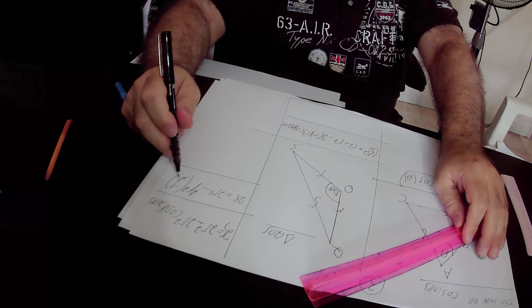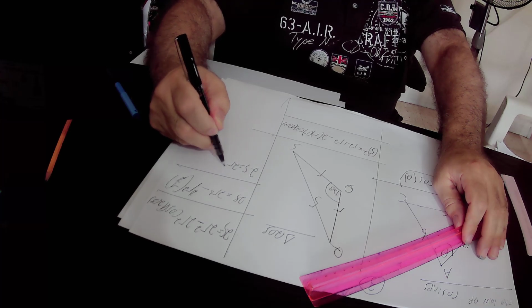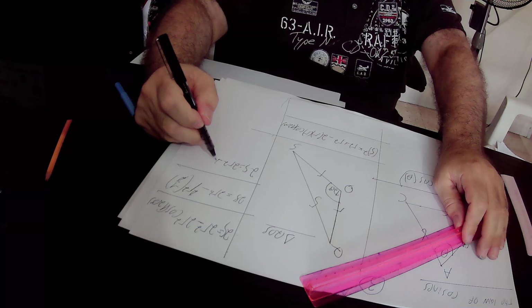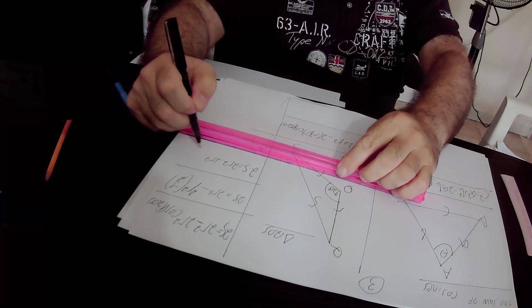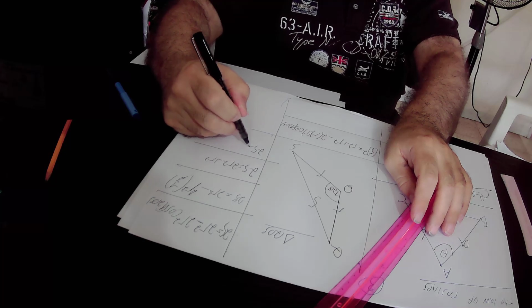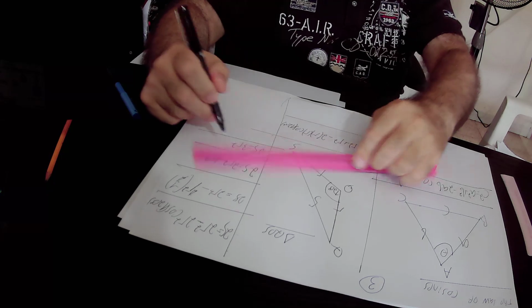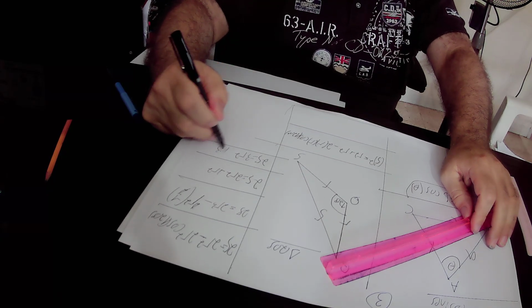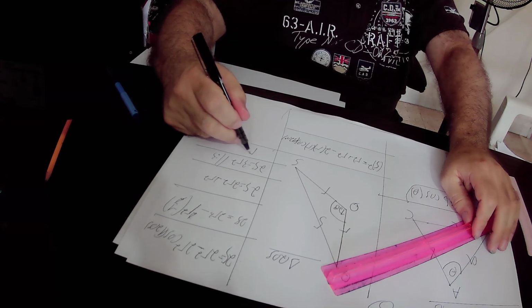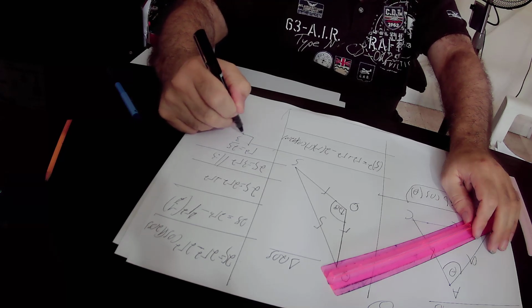Minus times minus is plus, so in conclusion we found out that 25 equals 2r squared plus r squared. So 25 equals 3r squared. Here we'll divide this equation by 3 and we'll get that r squared equals 25 over 3.